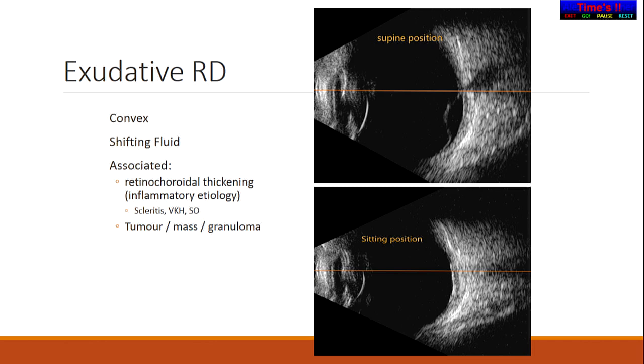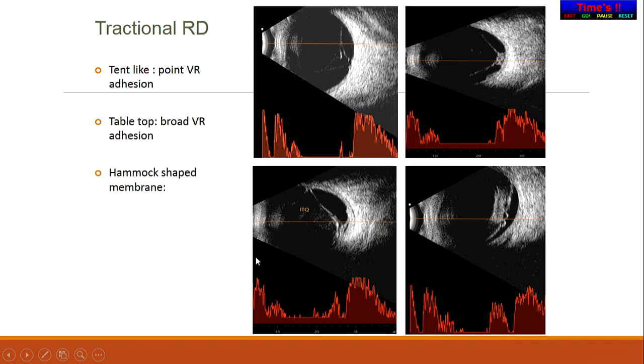The exudative RD is fluid dependent, has a changing configuration, and usually appears as a convex lesion in supine position, and it disappears on sitting position due to the shifting fluid. The causes can vary from inflammation to tumor, mass, or granuloma.